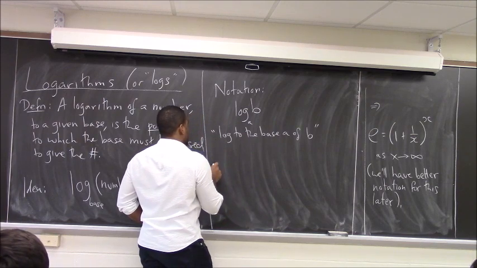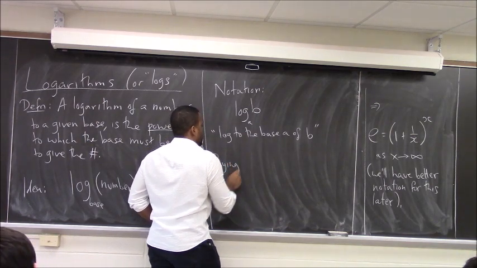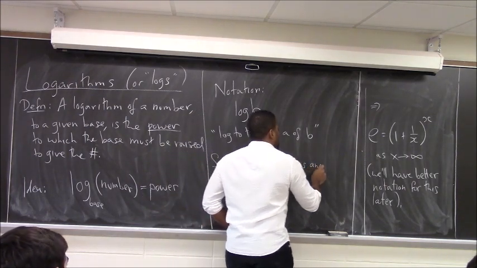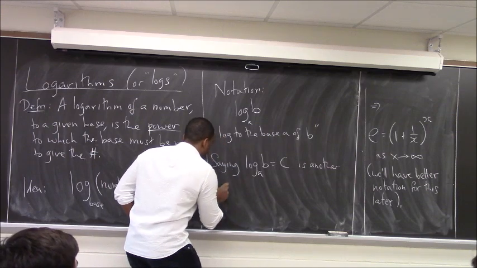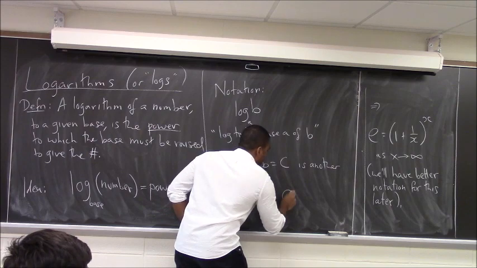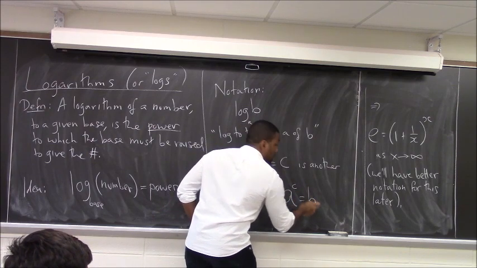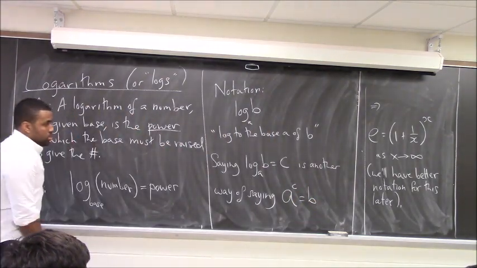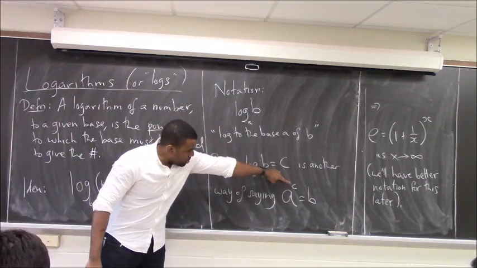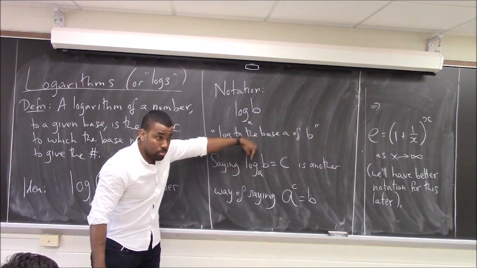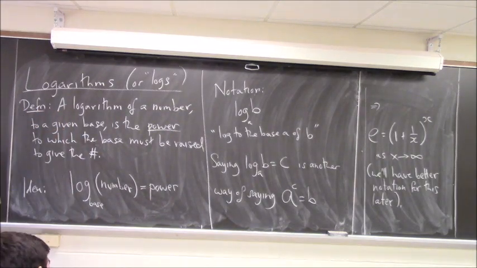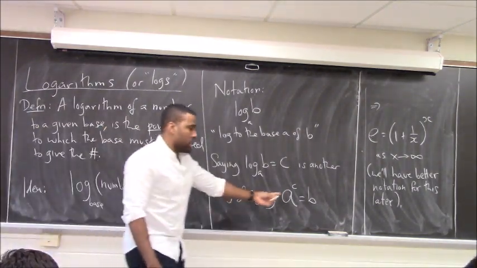So what you should notice is that saying log to the base a of b equals c is another way of saying that if I take a raised to the power c, I will get the number b. So basically, if you have an expression like this, you can solve for the power, make it the subject of the formula by using a logarithm to the base here, right? It's an equivalent statement. It's just another way to think about an exponential expression.